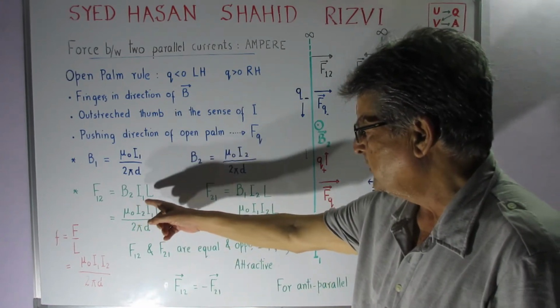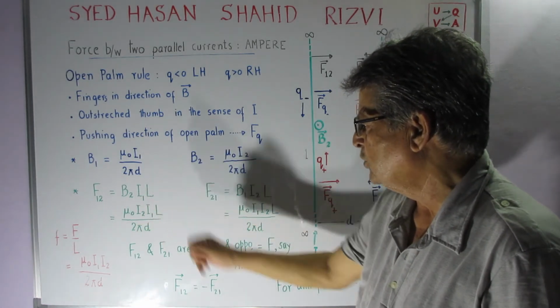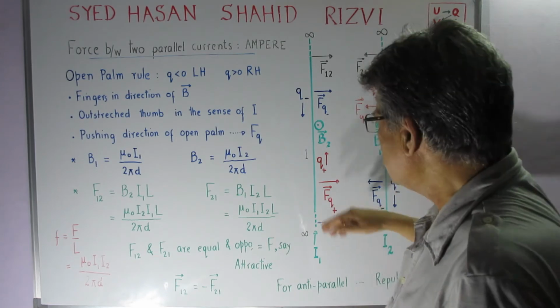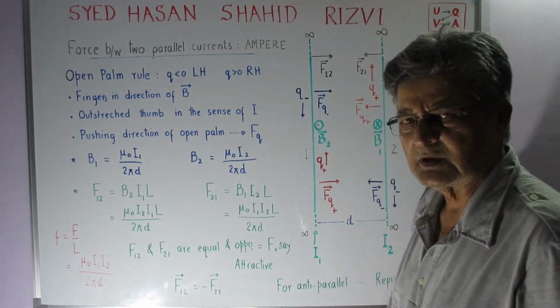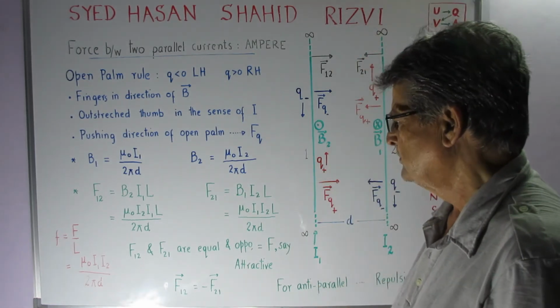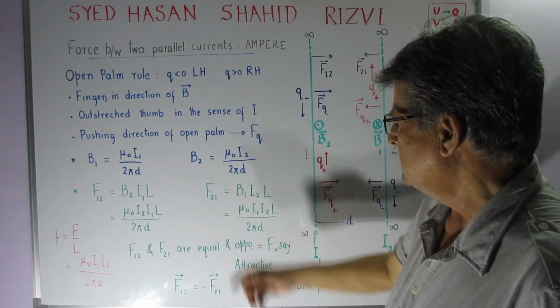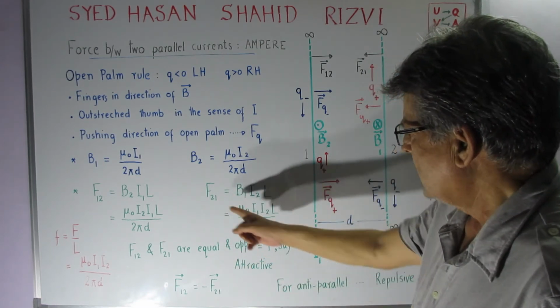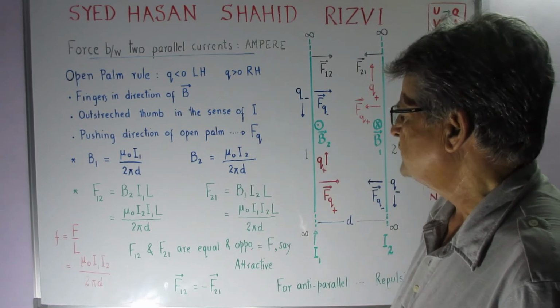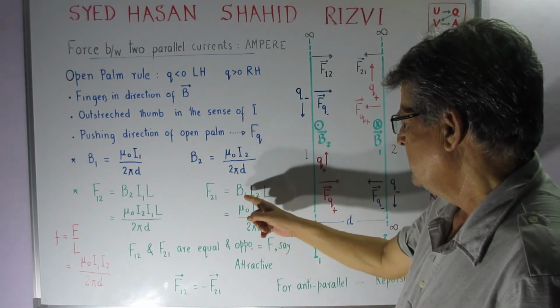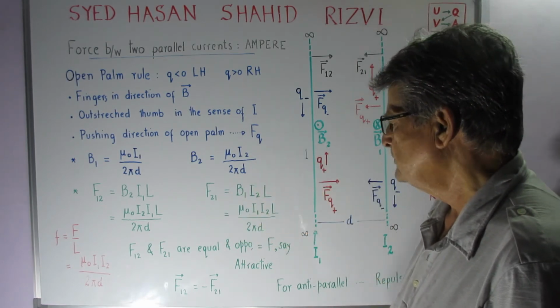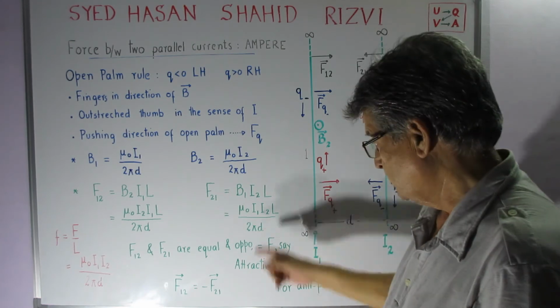So F12 becomes equal to B2 into I1 into L for a length L of the wire. That will be eliminated later on. And F21 on the second wire due to the first one will be B1 I2 into L.